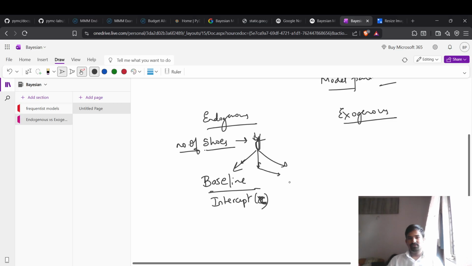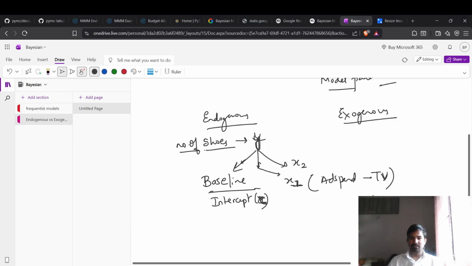Then comes, let's say we'll be taking only two of the marketing features. Let's say x1 is your ad spend on TV, that is TV ads, television.